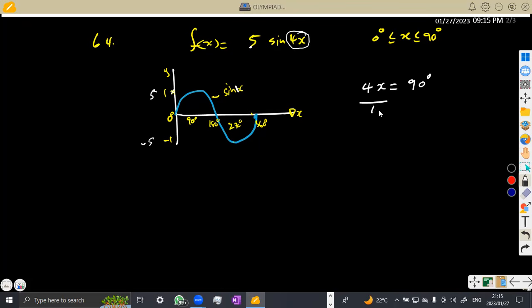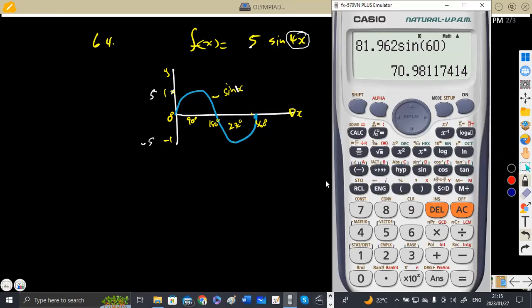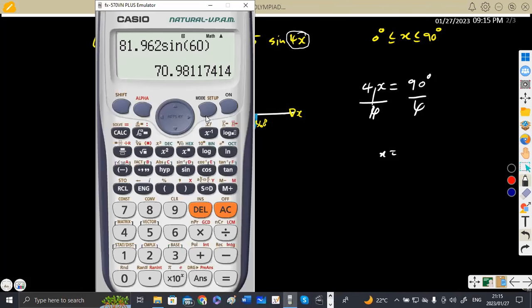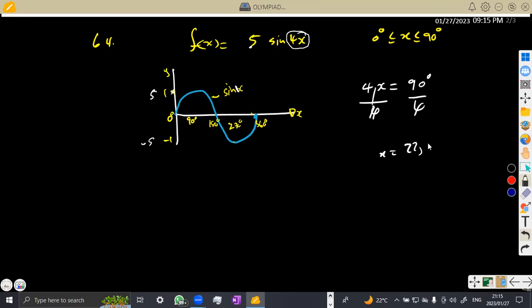You're just going to divide: x is equal to 90 divided by 4, not 4 degrees, but just 4. We are going to obtain 22.5 degrees. Which means each angle now is going to be separated by 22.5 from each other.